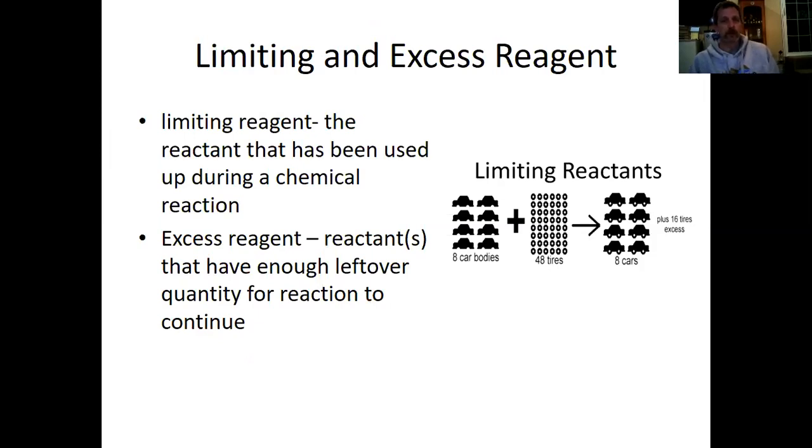Okay, so if you recall, there was this analogy where we looked at there being two quantities that we start with, car bodies versus tires, and there's a very specific ratio. One car body needs 4 tires. That makes a car. And we continued using up car bodies and 4 tires until we ran out of something.